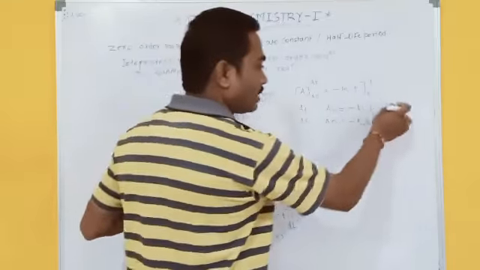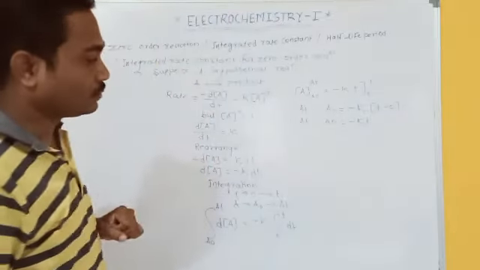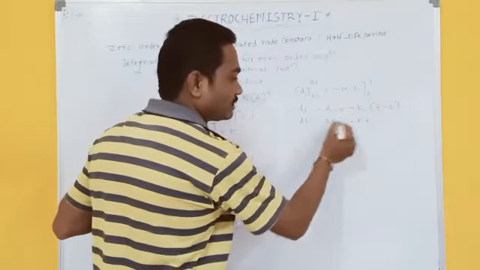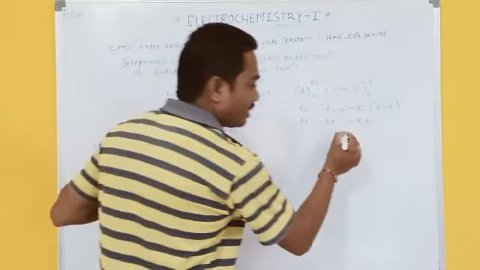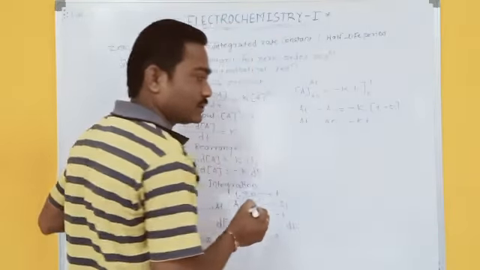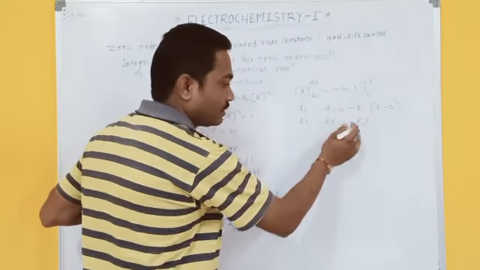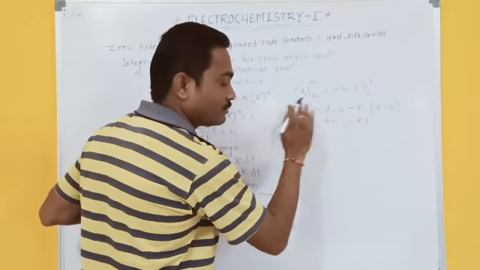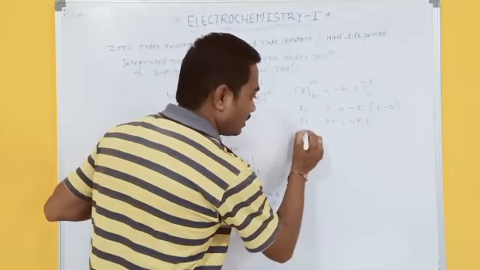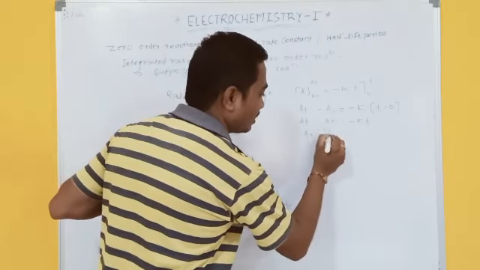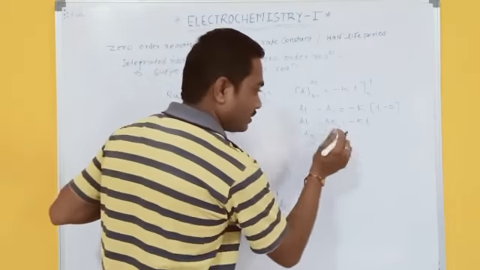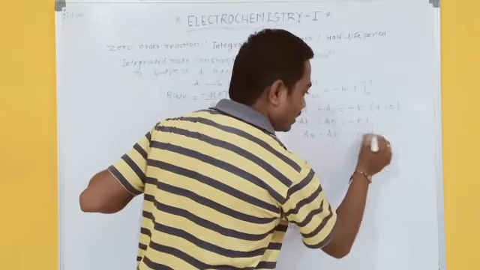When k is multiplied by 0, it becomes 0. Therefore At minus A0 is equal to minus kt. When we cancel the positive negative sign, then A0 minus At is equal to kt.